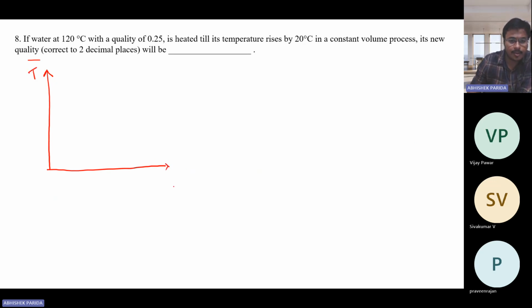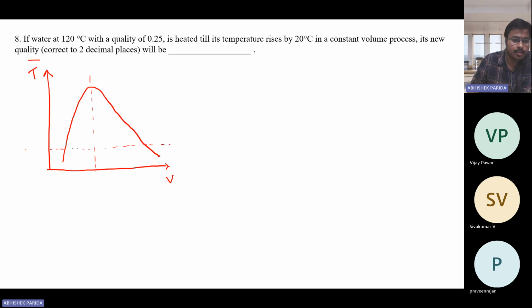So T versus V. Okay. So this is the temperature.